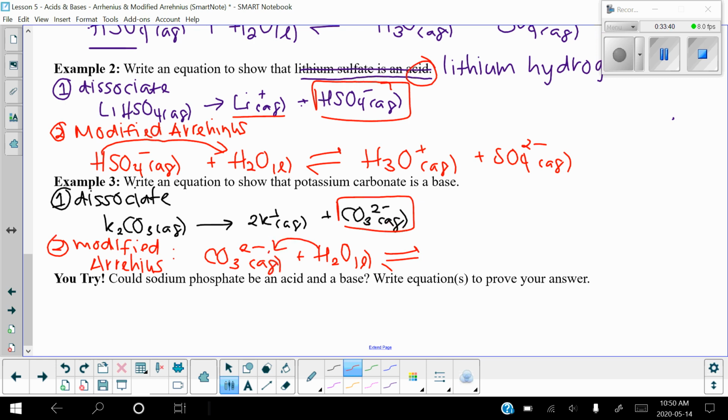It becomes HCO3 minus. Because we gained a proton, a positive ion, it makes us slightly less negative in our life. We gained a little bit of positivity, we become slightly positive, plus hydroxide. Okay, and that proves that it's a base.